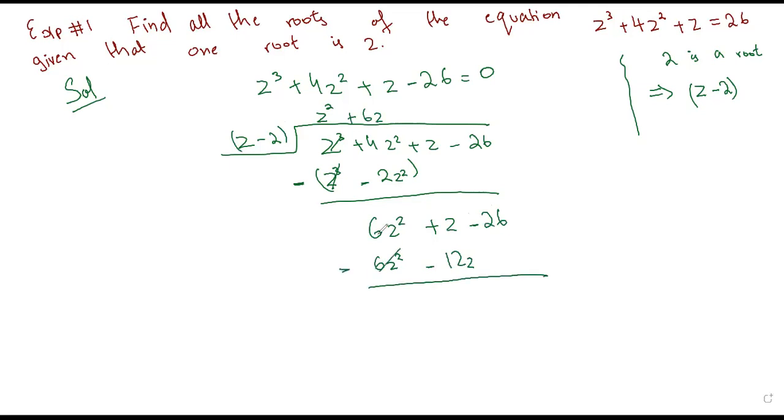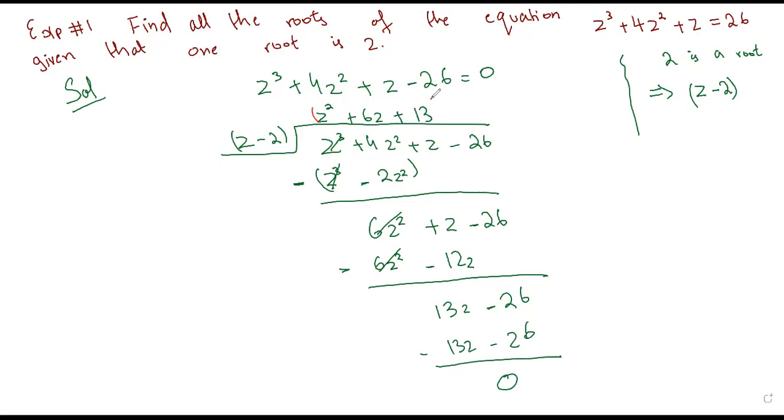These two would be cancelled and 13z minus 26. Excellent. And finally, we need to multiply it with 13. And that will give you 13z minus 26 and the difference would be 0. Perfect. So the other factor has turned out to be this one.